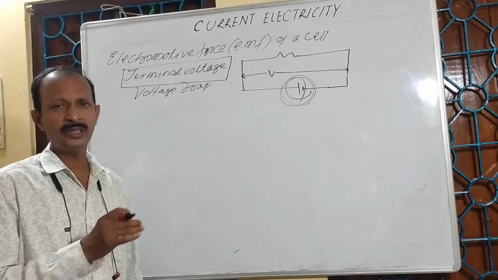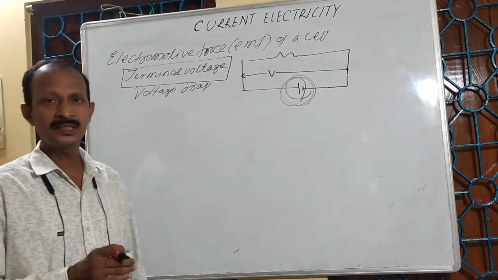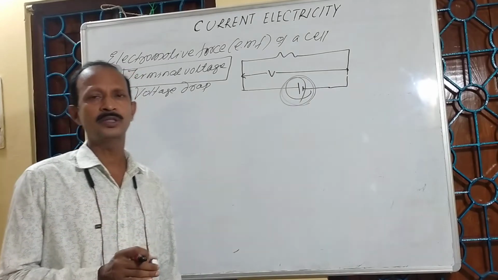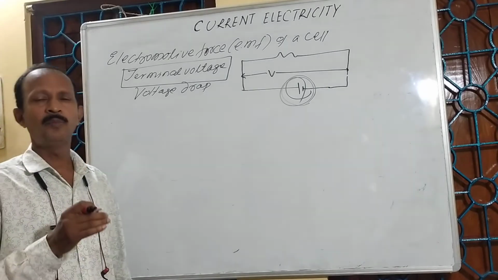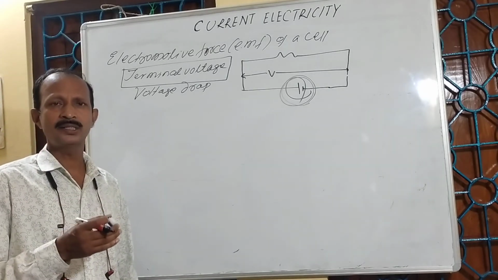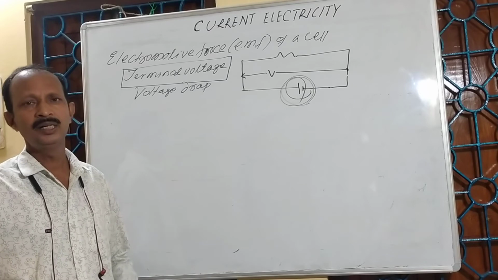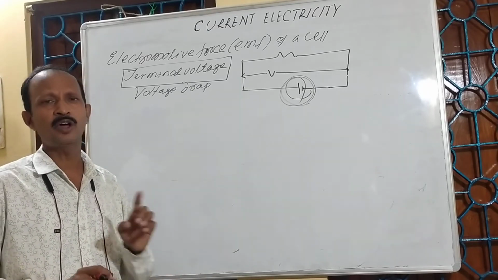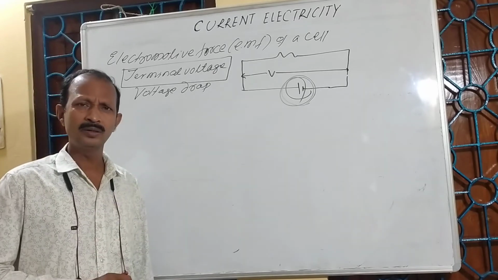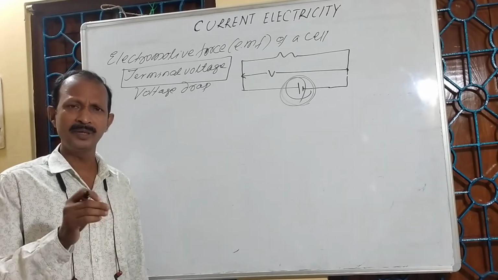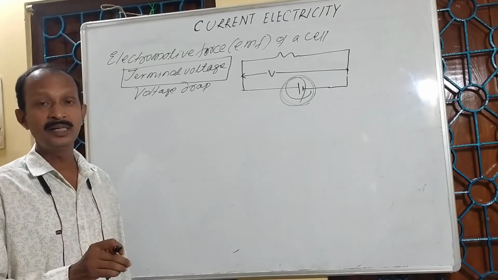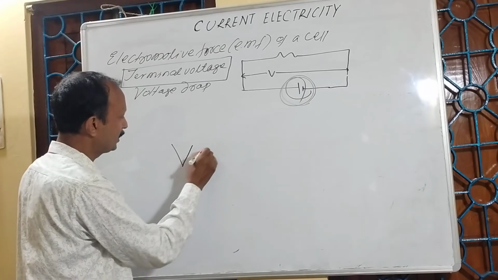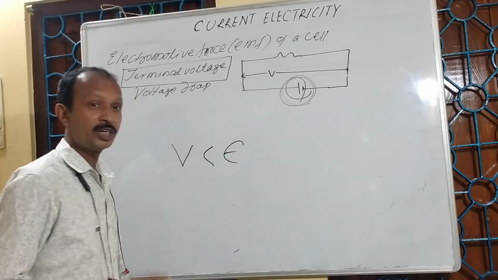When the cell is not in use, we call it electromotive force. So electromotive force is more than potential difference, or more than the terminal voltage. All the time electromotive force is more than the terminal voltage. But how much more? Or you can say terminal voltage is less than electromotive force.